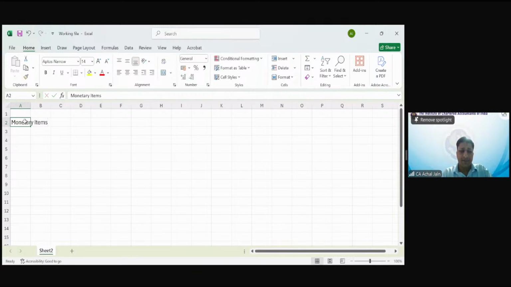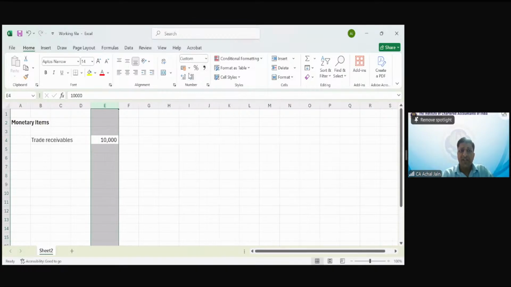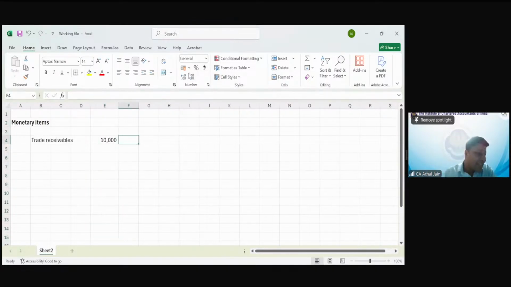For example, trade receivables. Let's suppose the company has a trade receivable of 10,000. Now, is this a fixed amount which the company is expecting to receive?